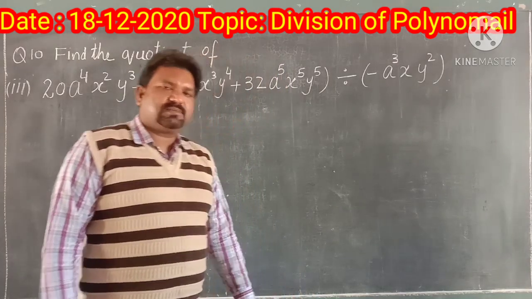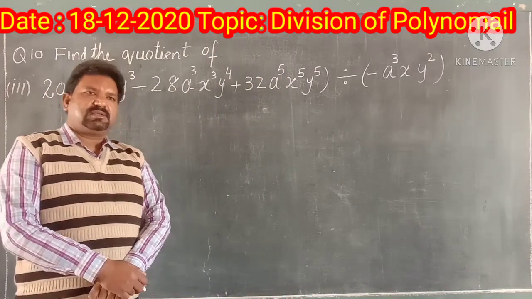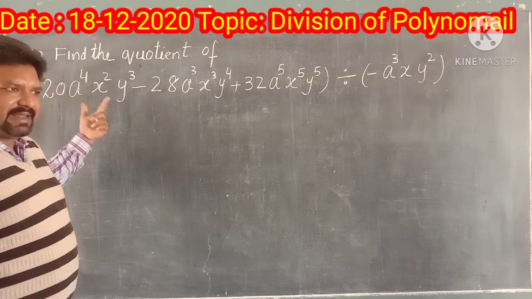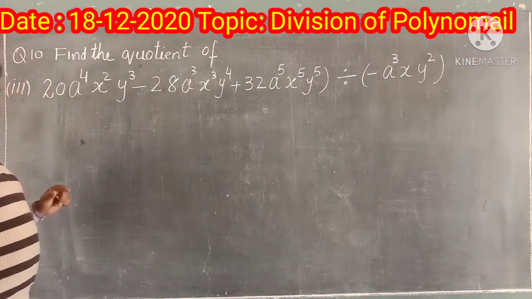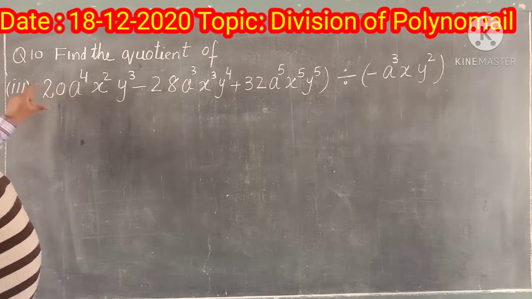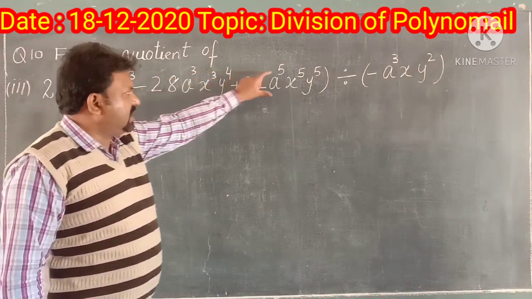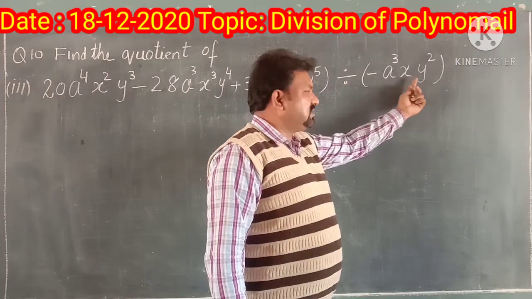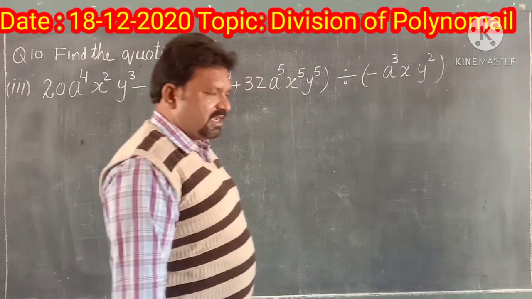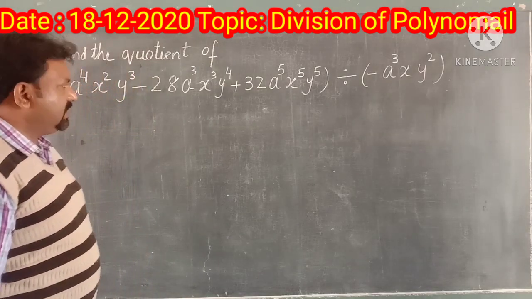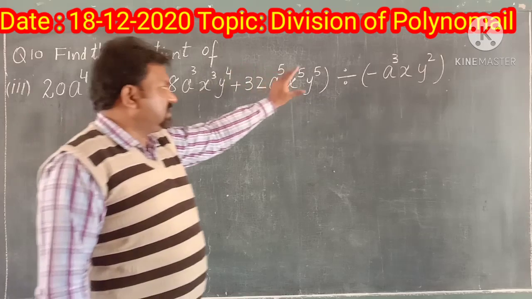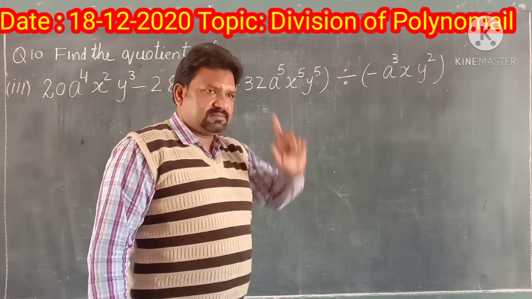So class, in this question we will use the next method. So in this question, this one is an algebraic expression and this one is a term. It means that we will divide the algebraic expression by the term.